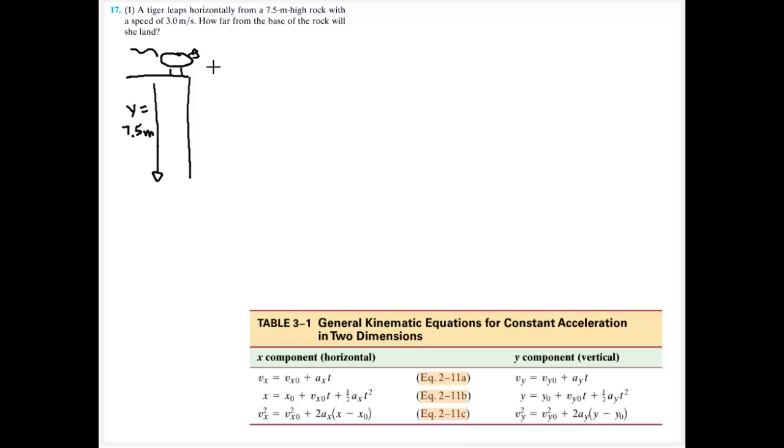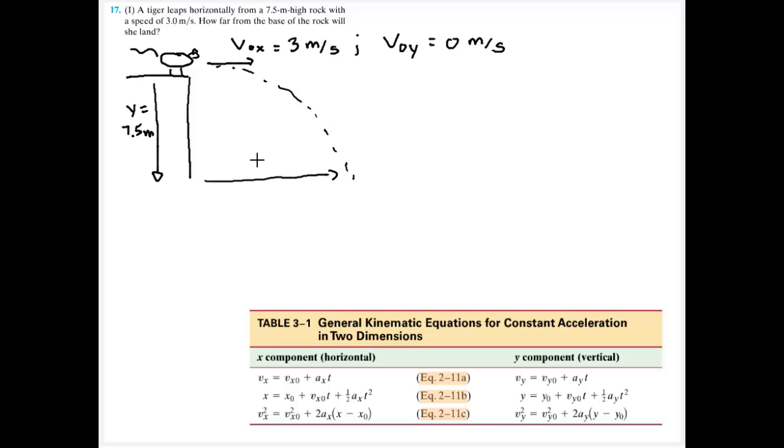It's going to leap horizontally, so it's going to have a horizontal, or x, velocity that's 3 meters per second. It's leaping horizontally. It has no vertical component. It has no y component to the velocity, so v naught y is going to be equal to 0. And I know that this cat's going to go some distance, and that's what I'm looking for. I'm looking for how far away does it land.